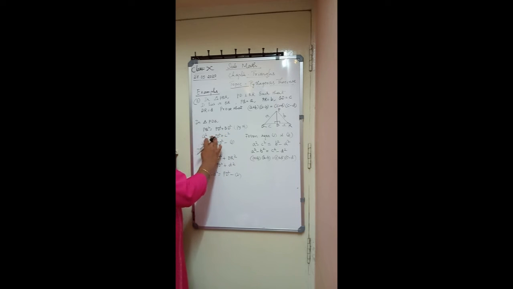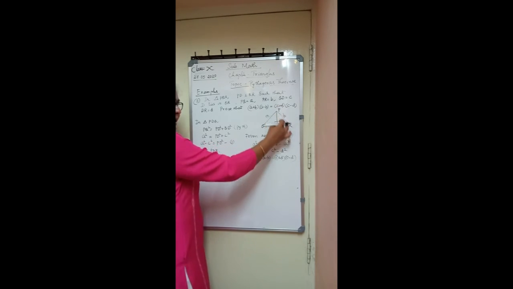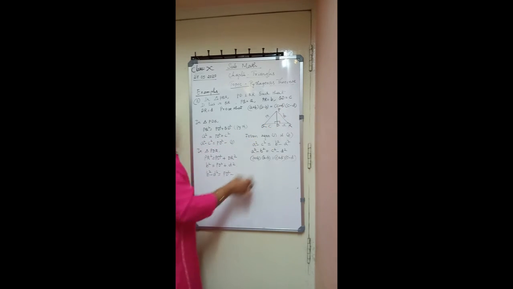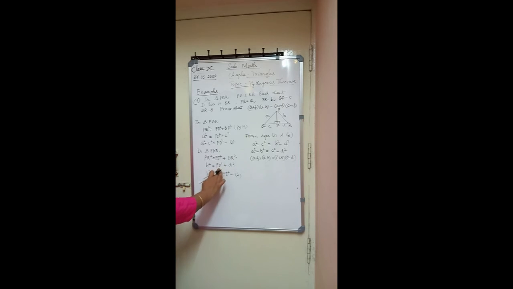So a square equals PD square plus c square. Take the c square to the left side. Then a square minus c square equals PD square. Take this as equation 1. Then similarly in the other triangle PDR, PR square equals PD square plus DR square. So PD square you will get as b square minus d square.